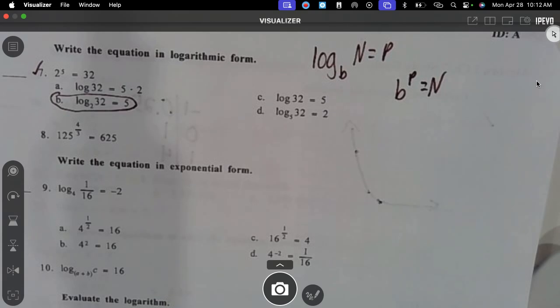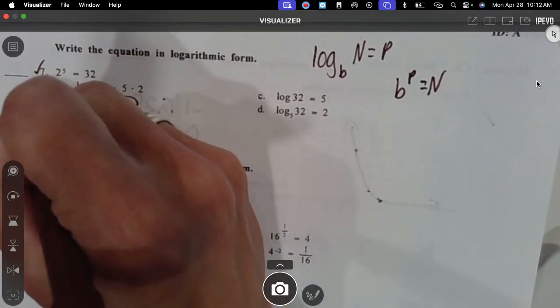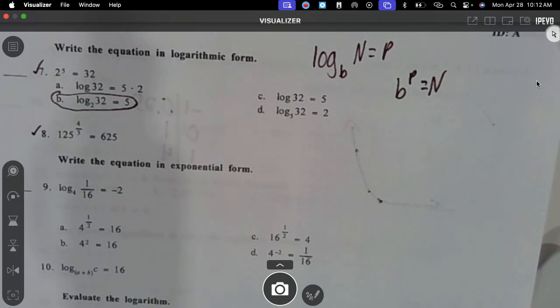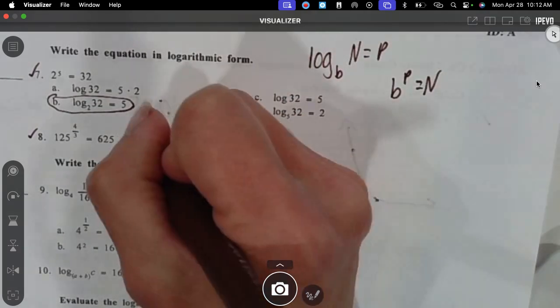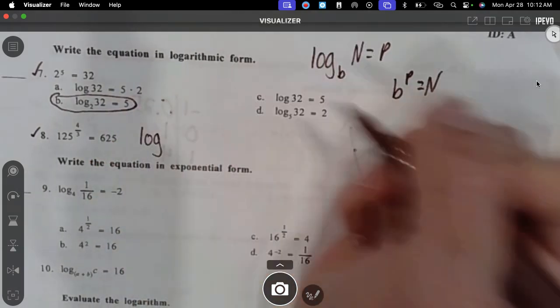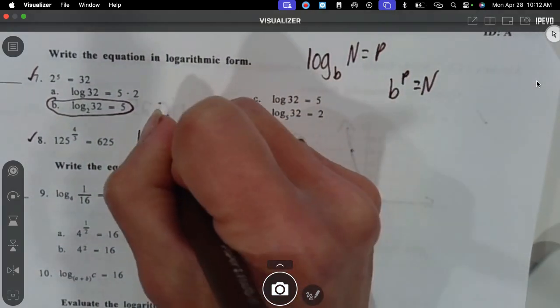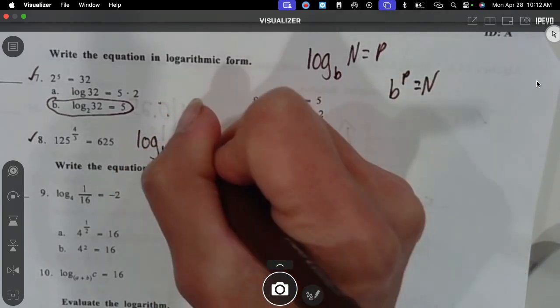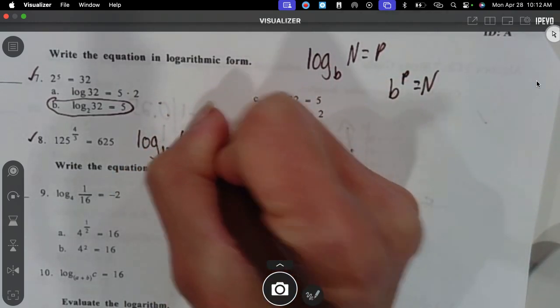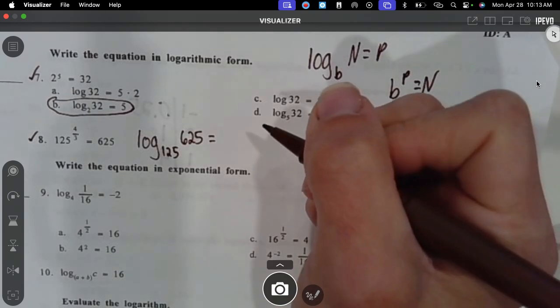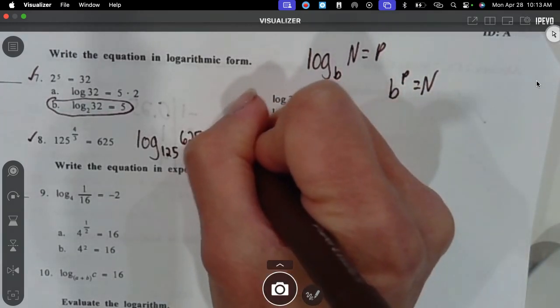Okay, then the next one on there looks like number 8. How many total problems? There are 26. So again, this one is log base. What's your base number? 125. The other number is 625, your answer. And what's the power? What's the exponent? 4/3.